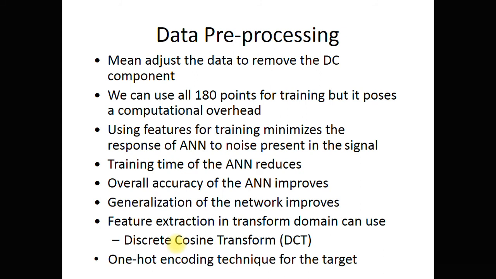We can have binary, we can have one hot encoding, or we can even go for a grayscale code. But most of the time artificial neural networks suggest that the one hot encoding technique is very good because it will have a better discrimination between the two classes.